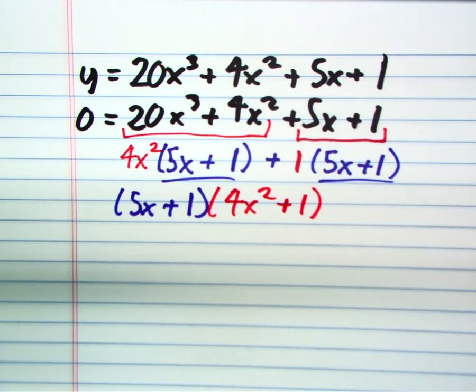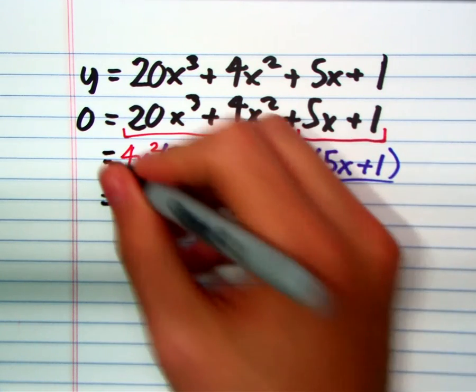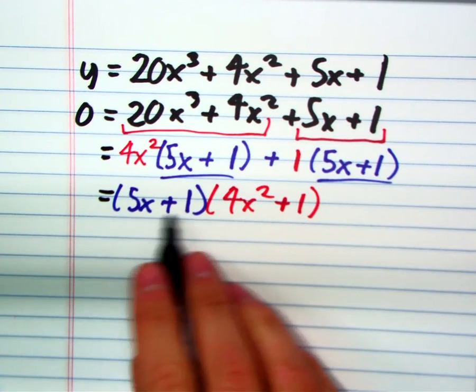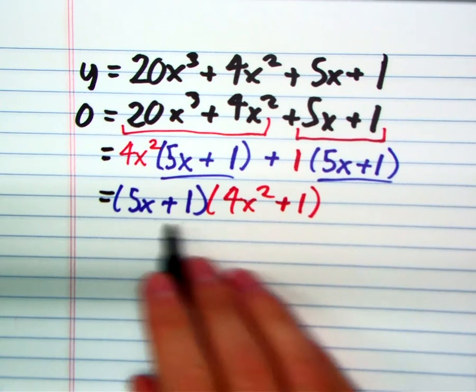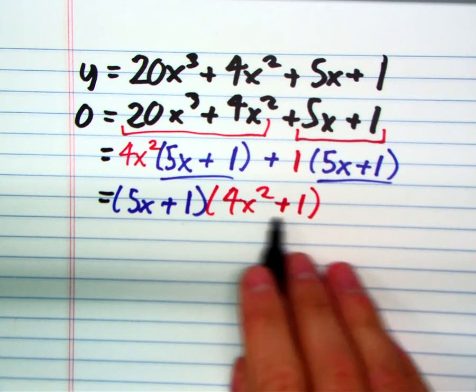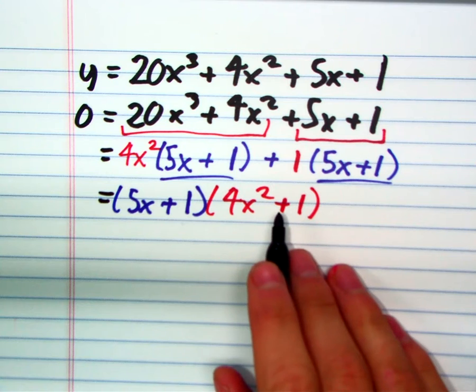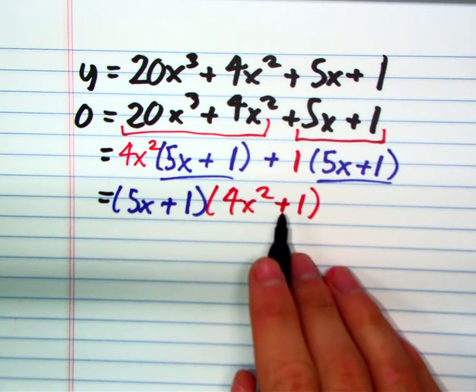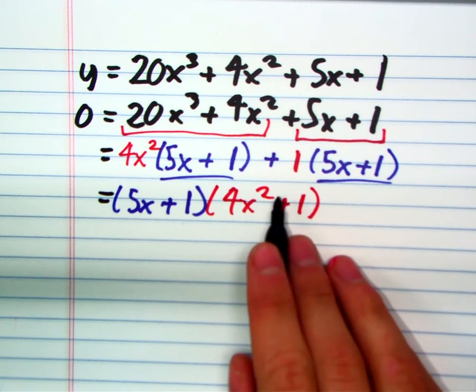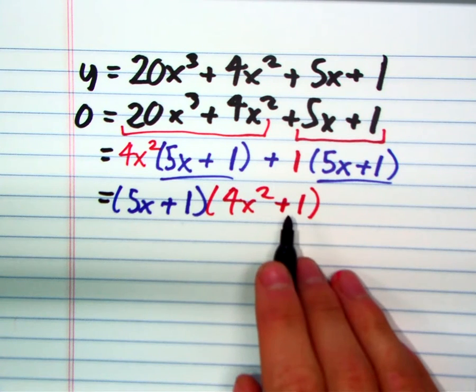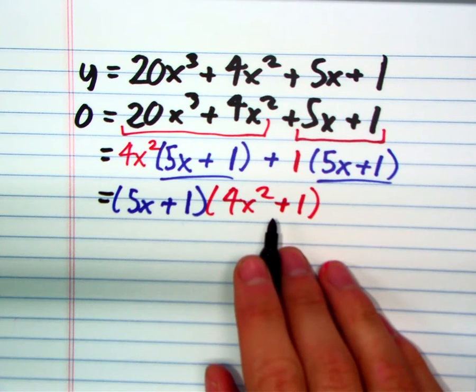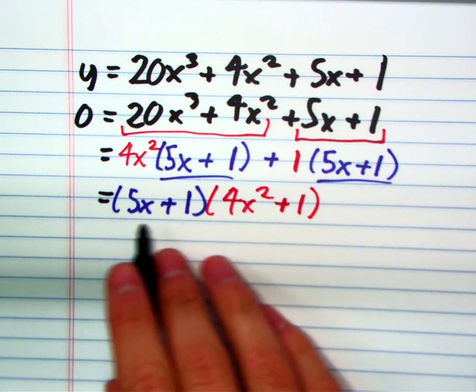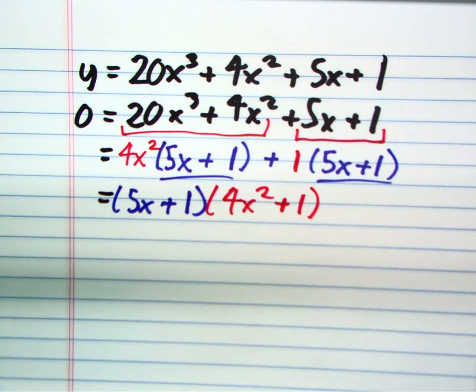Now, look at our answer here. Again, I have a linear factor that can't factor anymore. I also have a quadratic factor. Can that factor more? Well, if I look at it, it's actually a sum of squares polynomial. What we learned about sum of squares polynomials is that they are not factorable, which means that this form is as far as I can go.